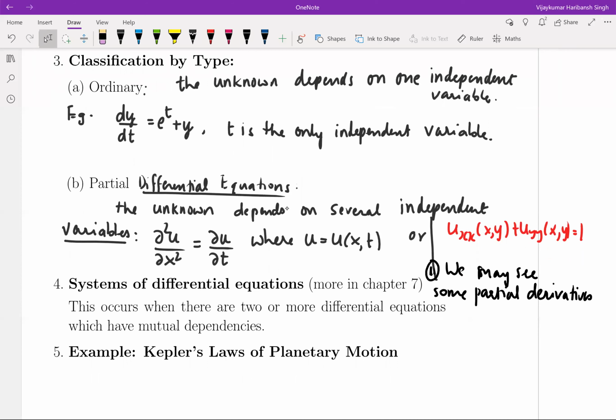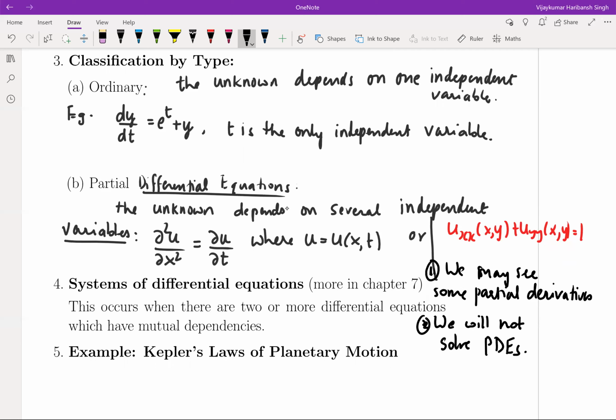We'll come to that later. But we will not attempt to solve partial differential equations, or in short, PDEs. Okay, that is not our interest. For that, you have to look at the next course.